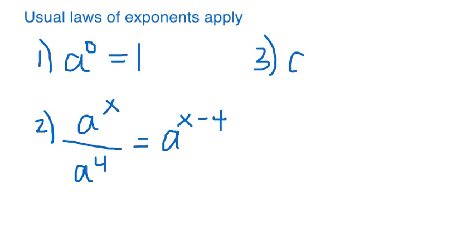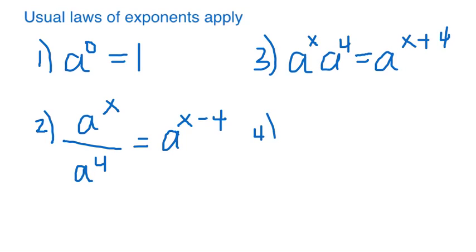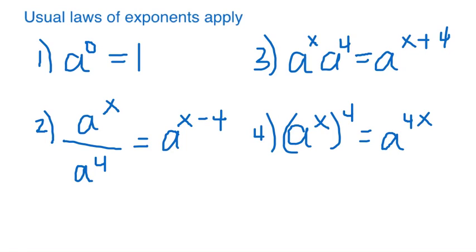If you're multiplying anything with the same base and they have powers, you add the powers, so it's a to the x plus 4. And finally, if you're raising a power to a power, no matter what the base is, you multiply the powers. So it's a to the 4x. Okay, so just the basic usual laws of exponents that you know of.